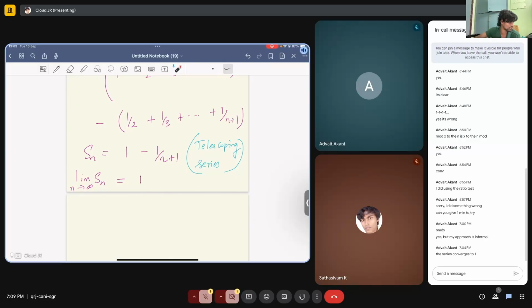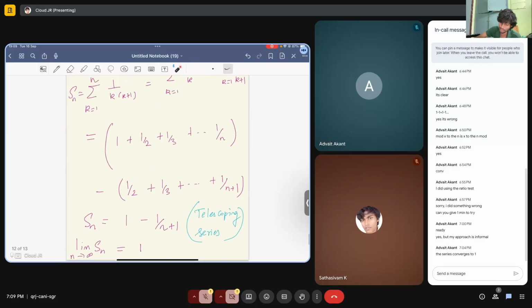Because that only tells you whether it converges or not. It will not tell you what the limit is. So if you want the limit, you actually have to compute it, and most of the time your series becomes some kind of telescoping series. The idea is many of the terms will get cancelled and only a few terms survive, and whatever terms survive, it may be easier to compute.